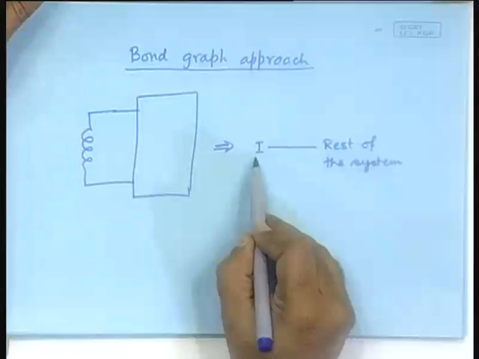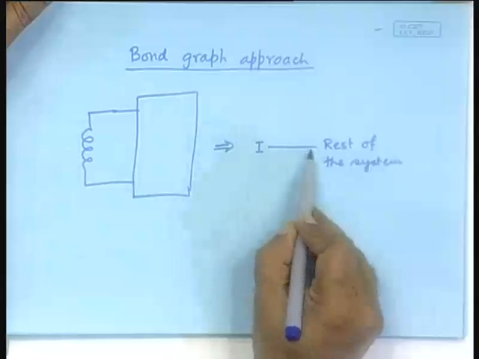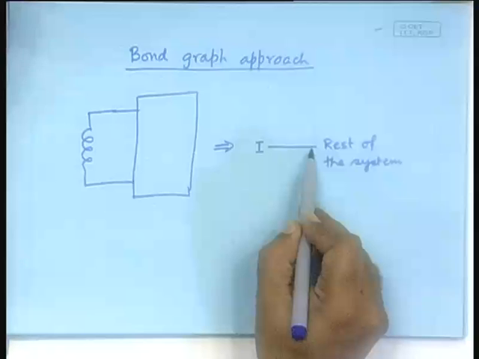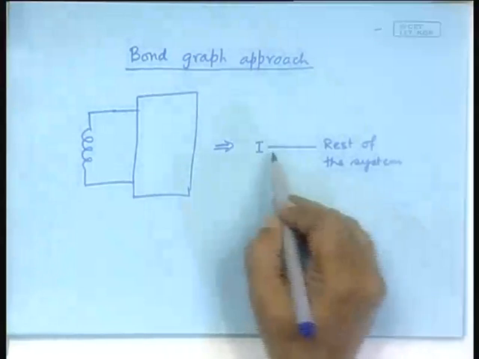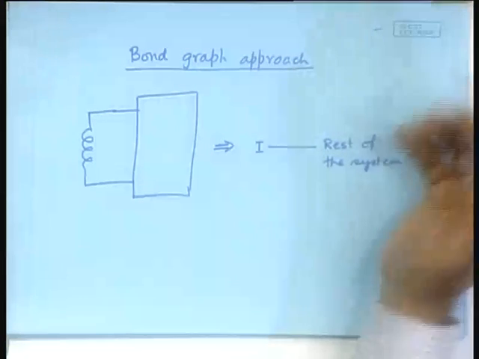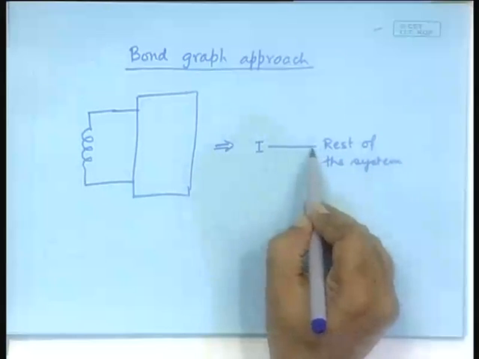Now, this bond will then carry the effort information and the flow information, and the power is nothing but the product of them. So, one bond is necessary in order to carry the effort and the flow information.